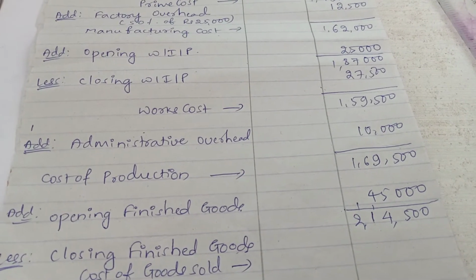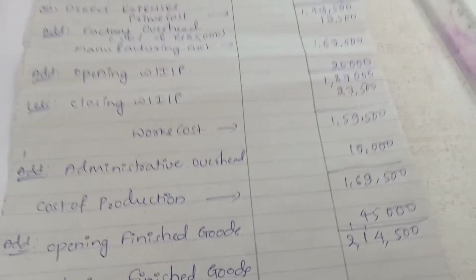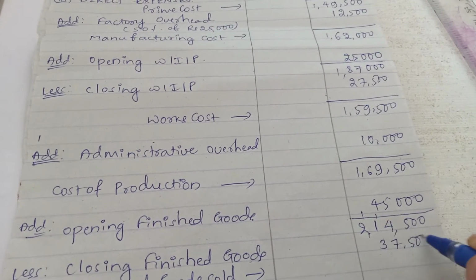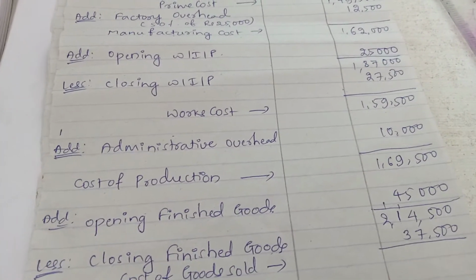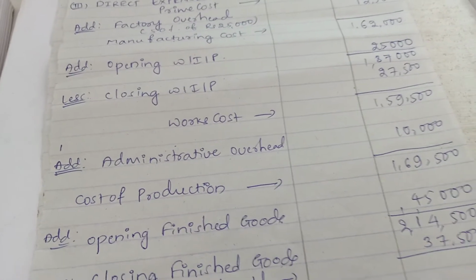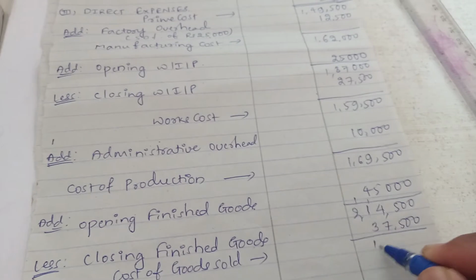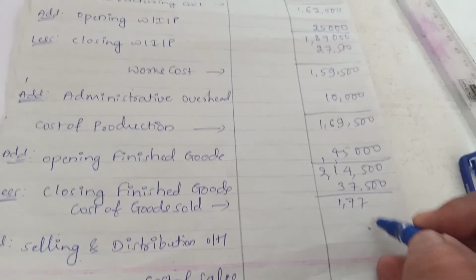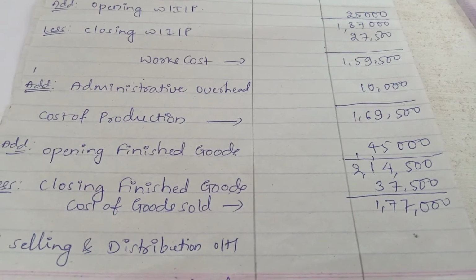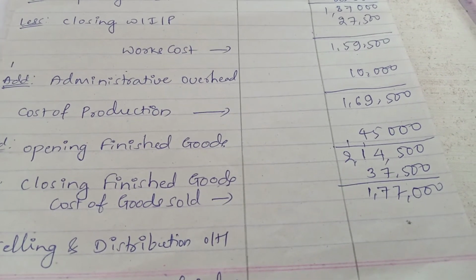I am going to deduct the closing finished goods, that is amounted to rupees 37,500. When I deduct the 37,500 from 2,14,500, it amounts to 1,77,000. That is nothing but the cost of goods sold.